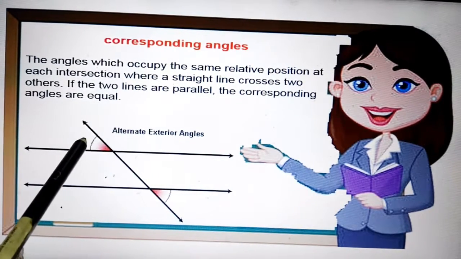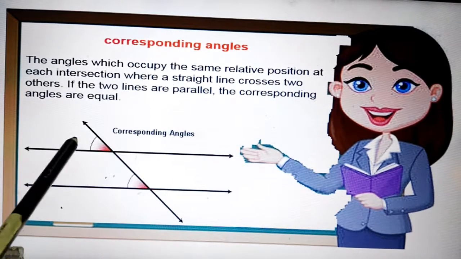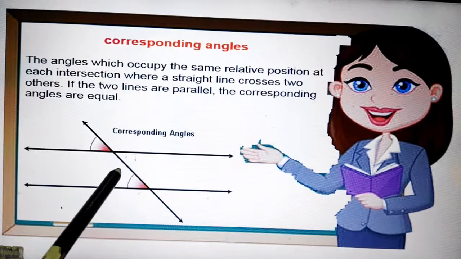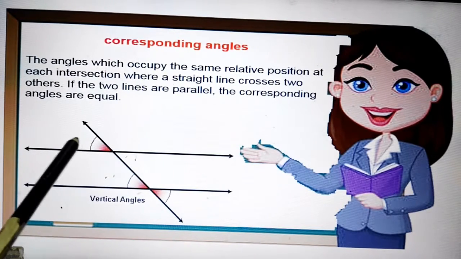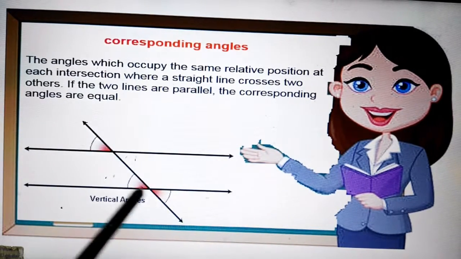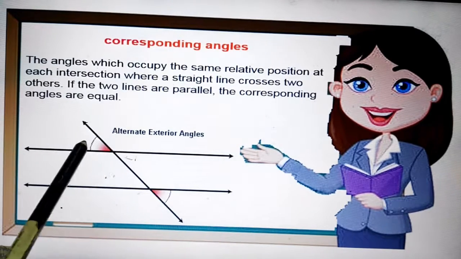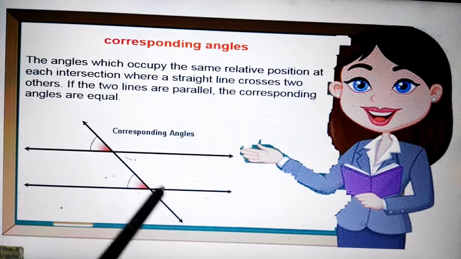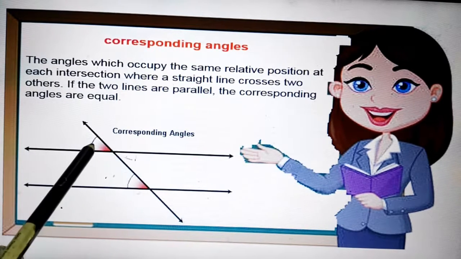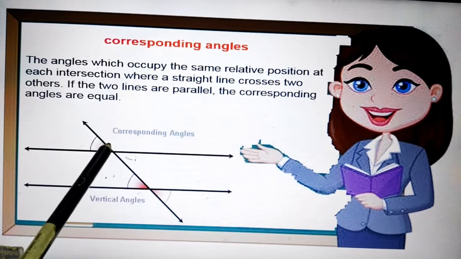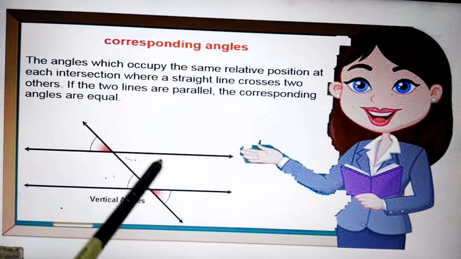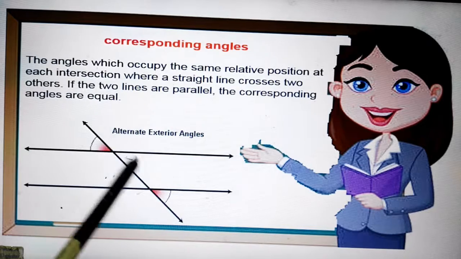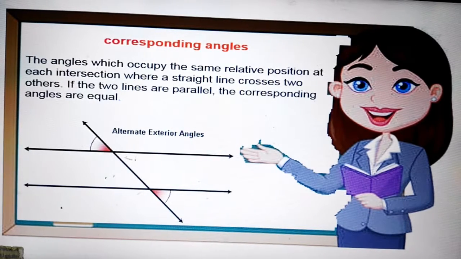So these are exterior angles, these are interior angles, and these angles are called corresponding angles. These are vertical angles in each line, these are alternate exterior angles, these are corresponding angles. The angles that are formed by the intersection of a line with two parallel lines.